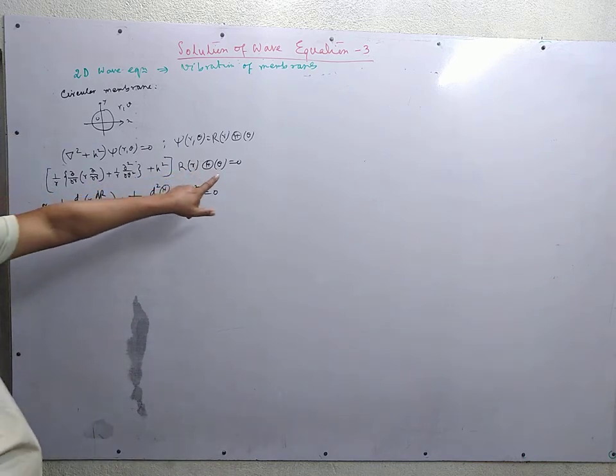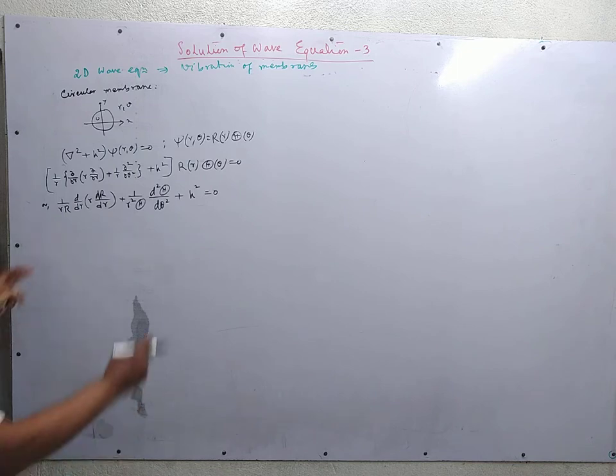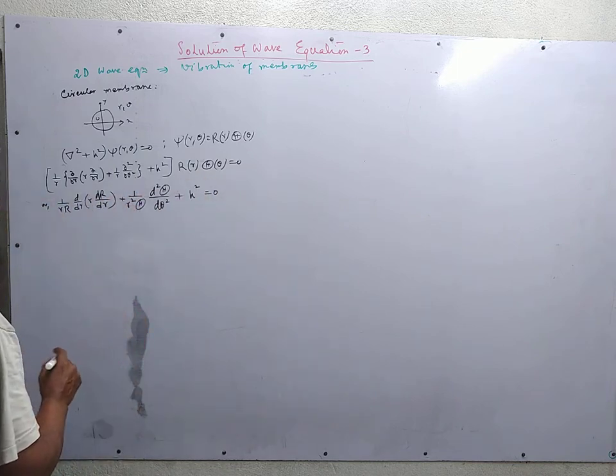Here we have used this, and for a non-trivial solution we have divided all through by big R big Theta. So this is the solution.